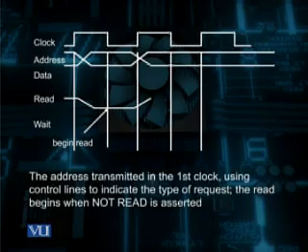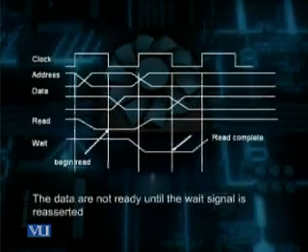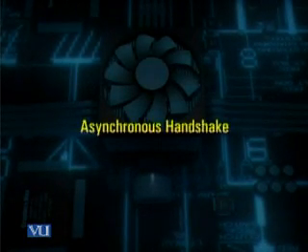Not read means that the read is active low. Here in this second diagram, you can see that the data is read and it is in the waiting state until the wait signal is asserted. Now, let us see the asynchronous handshaking protocols.